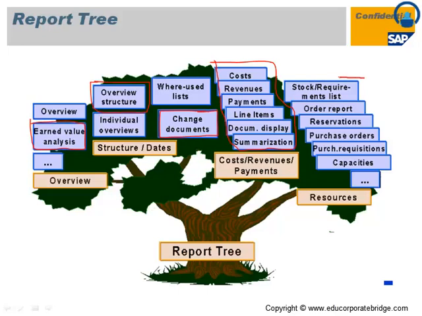Then the stock requirements, production order report, reservation, purchase requisition and purchase order kinds of reports are available in standard SAP. All of these reports are project driven, and they show you all the project-related history and documents.